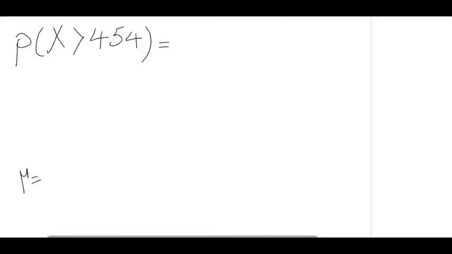you need to calculate the probability of x greater than 454. So mu is 363 and sigma is 18. So we need to normalize this probability.